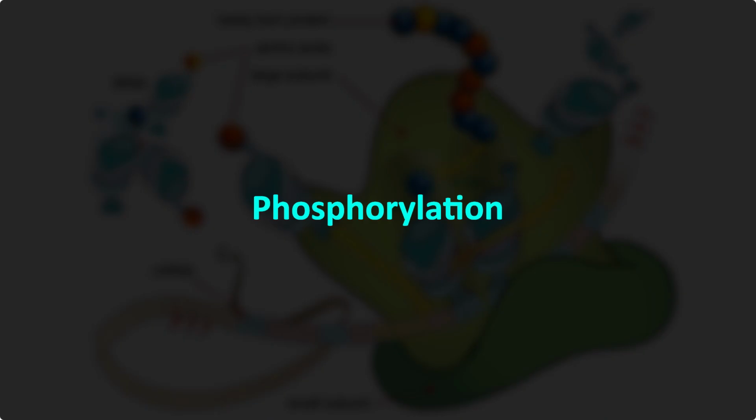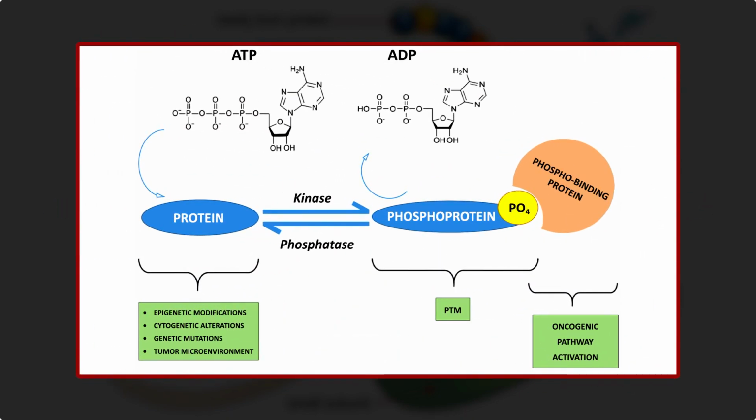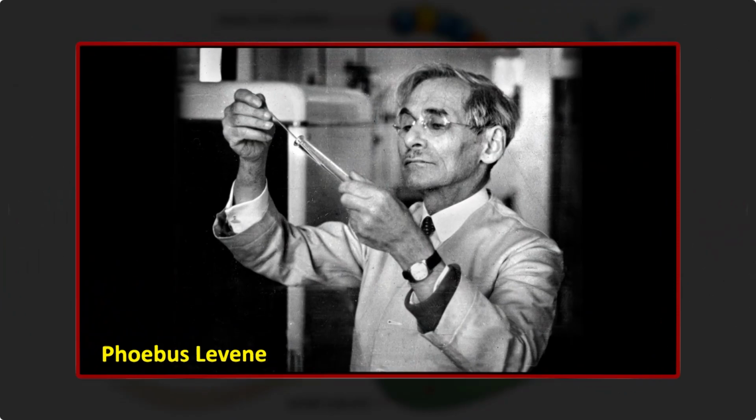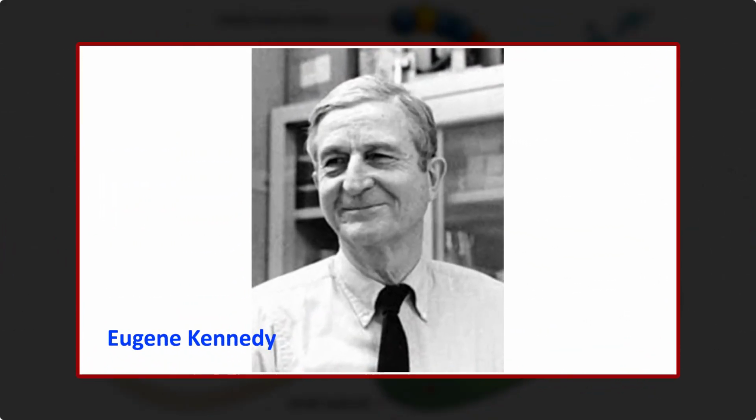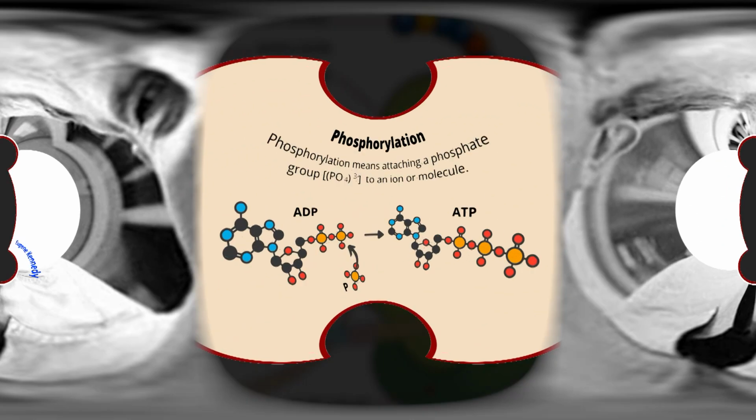Dear students, let's now discuss the second post-translational modification, phosphorylation. Protein phosphorylation was first reported in 1906 by Phoebus Levene with the discovery of phosphate in the protein vitellin. However, it took another 20 years before Eugene Kennedy described the first enzymatic phosphorylation of proteins.